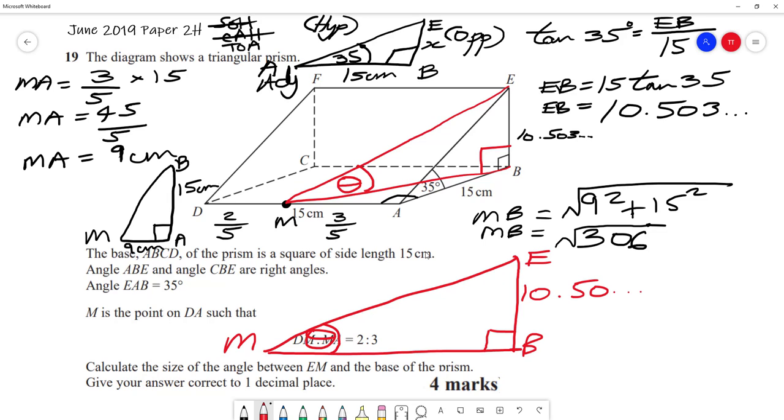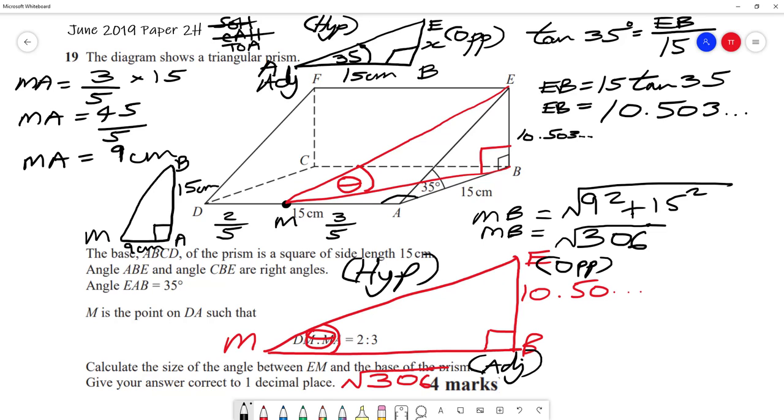We've worked out that MB was the square root of 306. So now we can label the triangle. The side opposite the right angle is the hypotenuse. The side opposite the acute angle is the opposite side. And this side on its own is the adjacent side.